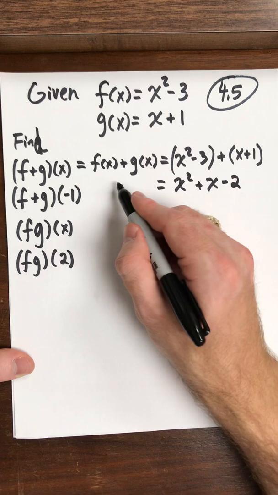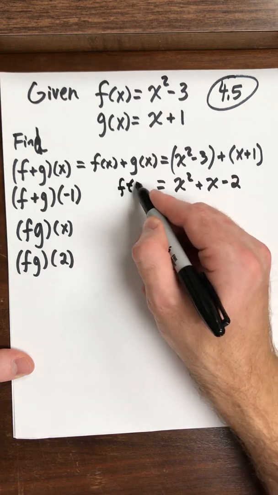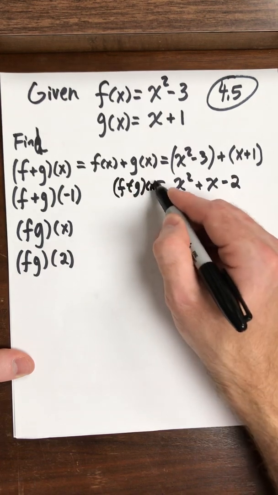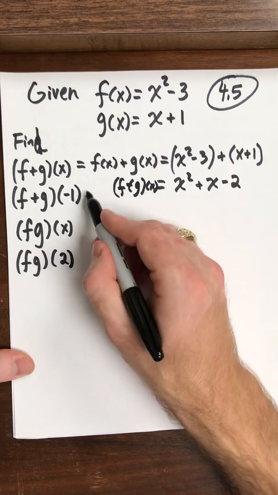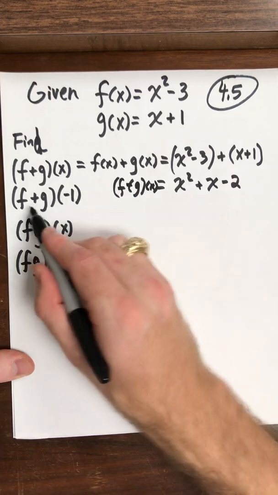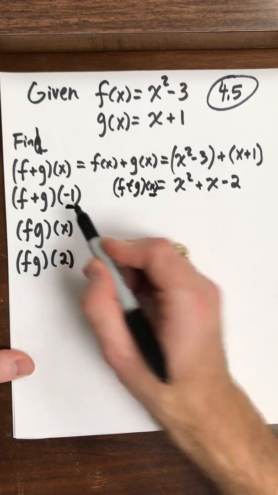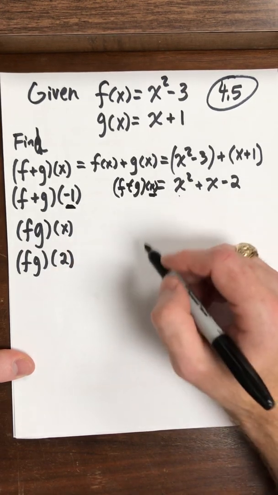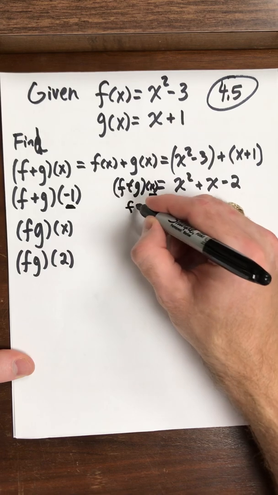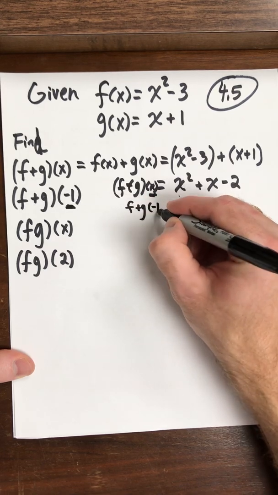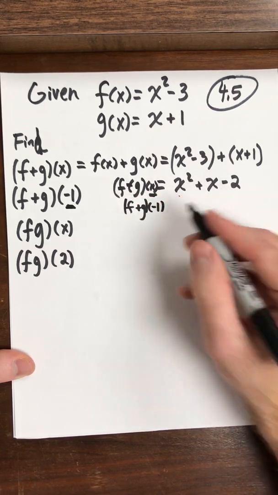If I wanted to compute f plus g of negative 1, everywhere I see an x, what am I going to put? I'm going to plug in a negative 1. So f plus g of negative 1, what does this equal?